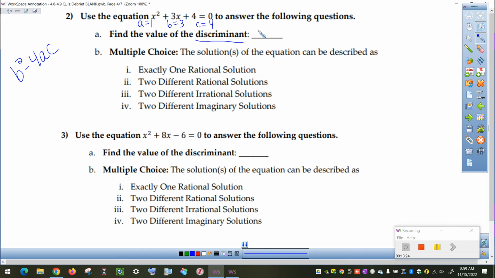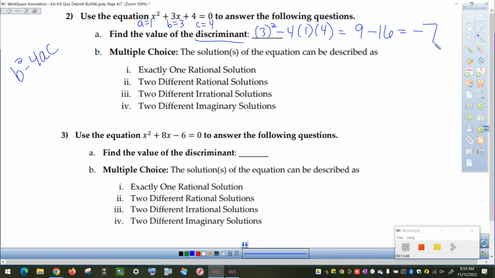So on this one, it's going to be 3 squared minus 4 times 1 times 4. So this ends up being 9 minus 16, and this is actually going to go into the negatives.